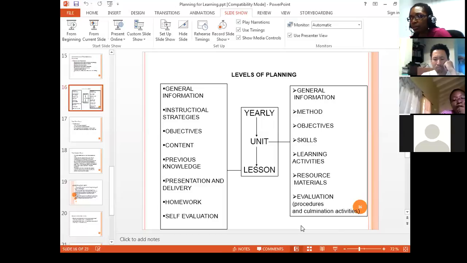I'm trying to clarify whether the second stage can also be the explain stage, because you said the second stage is exploration.